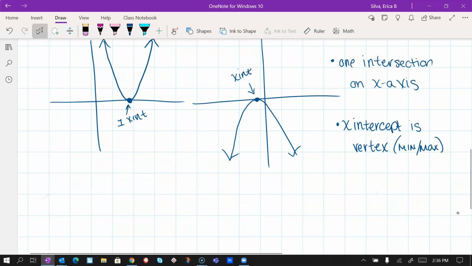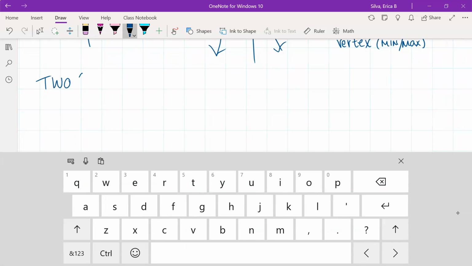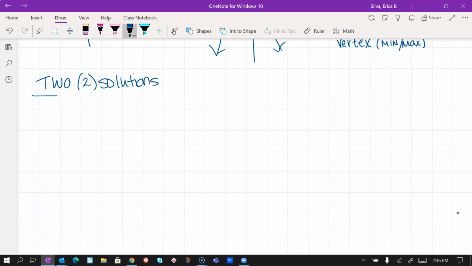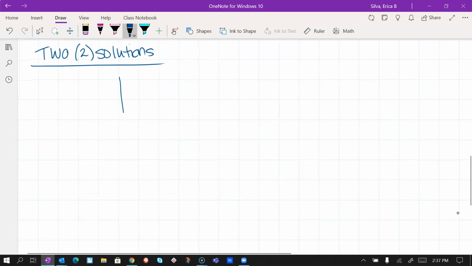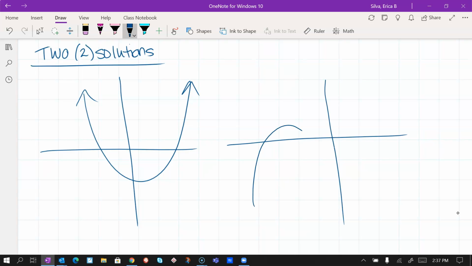And then the last solution type is when we have two solutions. And when we have two solutions, this is an example of two solutions. And this is an example of two solutions.